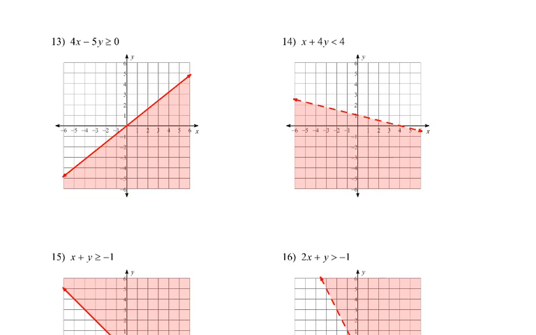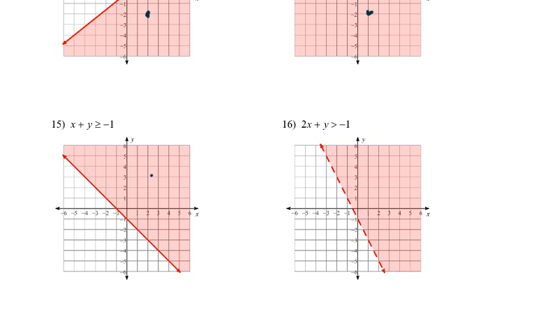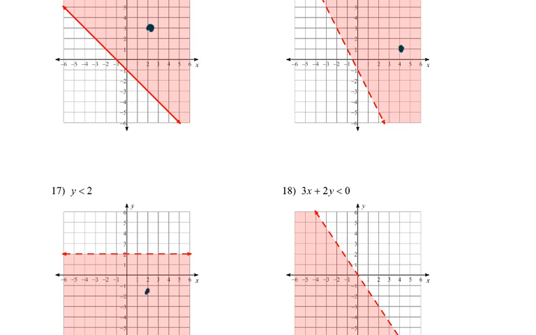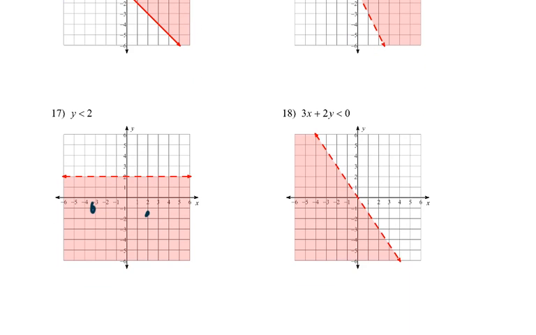That's really all there is to it. As long as it's on that shaded portion, you know it's an answer. And so when we graph them, that's what we try to do, find where the line is and where it's shaded. That's all there is to it.